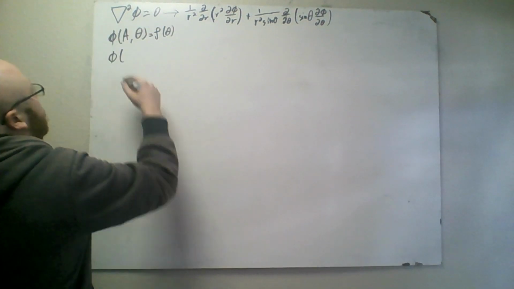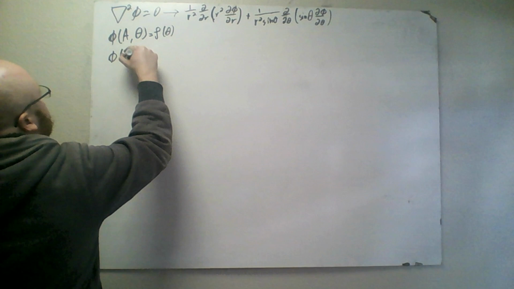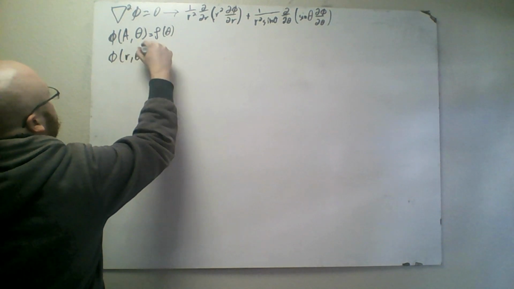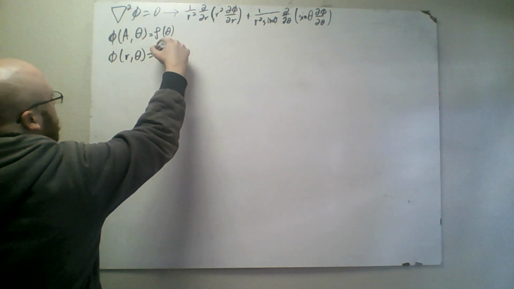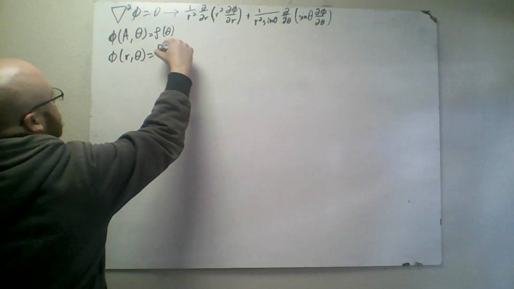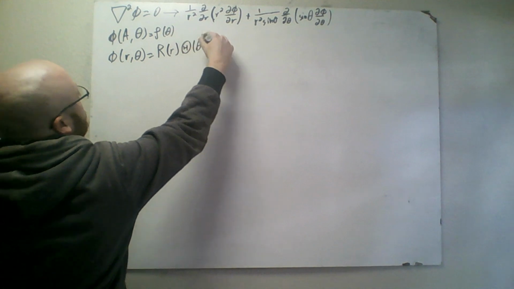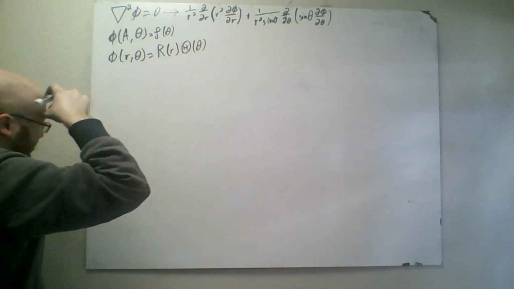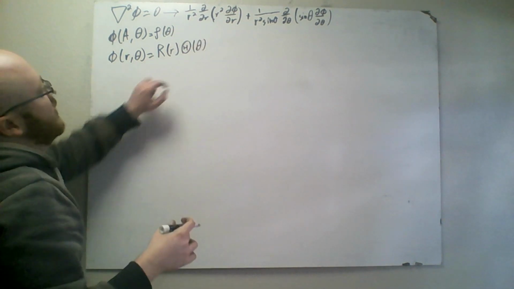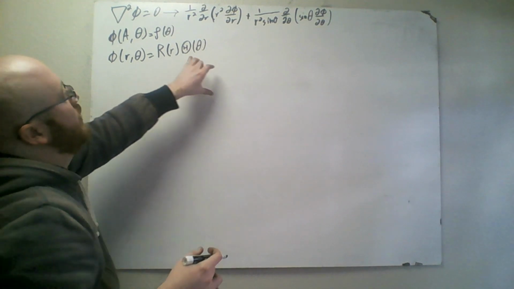But yeah. So now we're going to assume that phi of r, theta is actually some function of r times some function of theta. And as you would expect, we plug this into the differential equation.